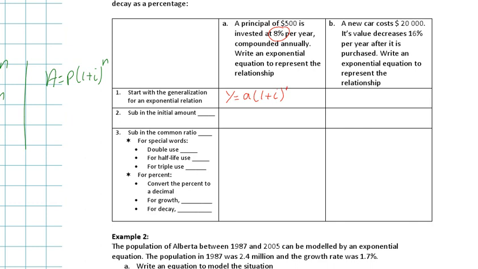Again, it doesn't matter if I use this version of it or the version that you see right here on that paper, A equals A naught (1 plus i) to the power of n. They mean the same thing. So what's the initial amount that we're putting in the bank? $500. And what letter represents 500? a. So I'm going to sub it in, so it's going to be 500(1 plus i) to the power of x.